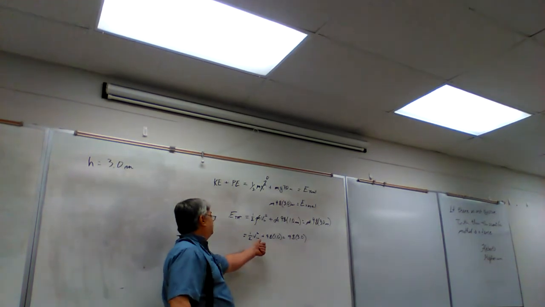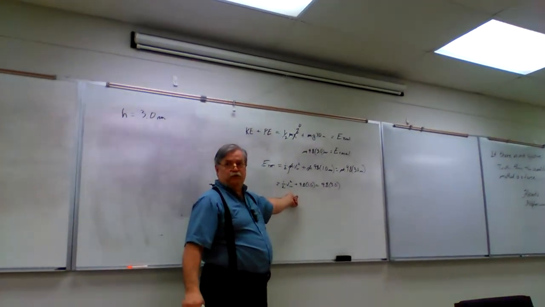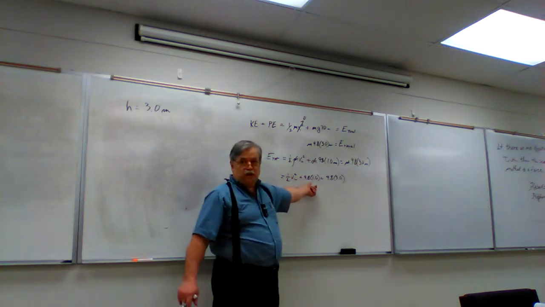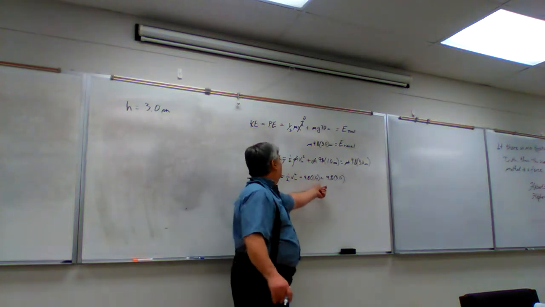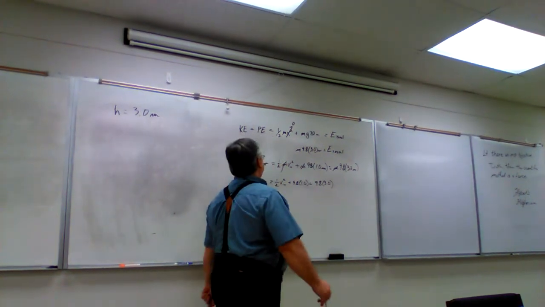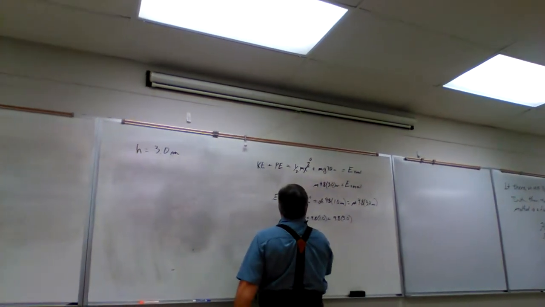Now we've got 1/2 the velocity at 1 meter squared plus 9.8 times 1, which is 9.8, is equal to 3 times 9.8.